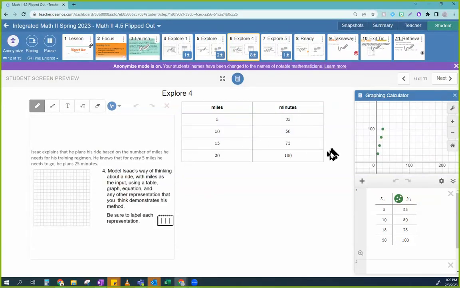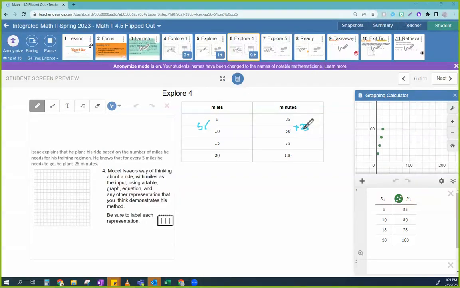So again, here's your table. Make sure you label it. They're going to ask you again to see the difference. The slope for this one is going to be different, right? Your slope will always be the change in y. So how much did you go up here? So hold on, let me grab my annotation tools. So how much did you go up here? You guys are like, oh, we went up 25 minutes, and then we were able to go 5 miles.